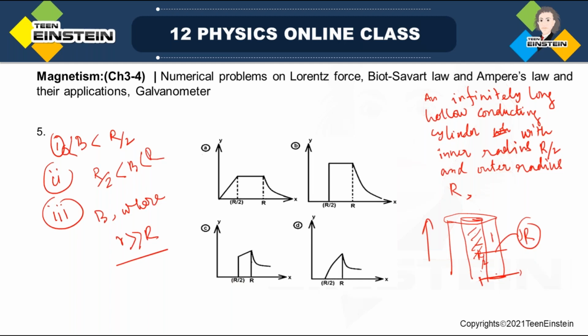We can see this part is fine. In this case also fine. So in between region there are two things, 1 by r and r proportionality. These two things are important.